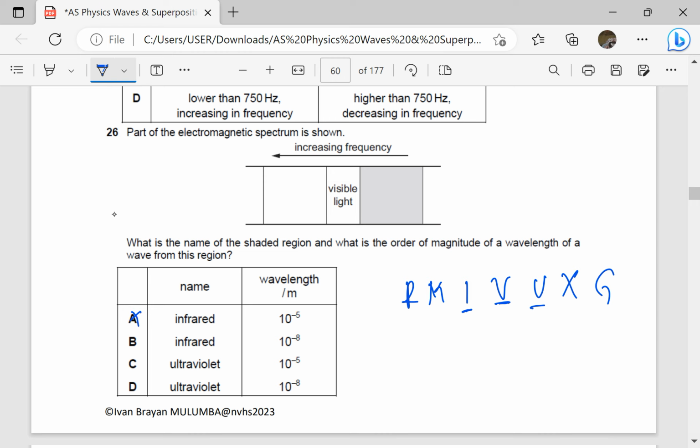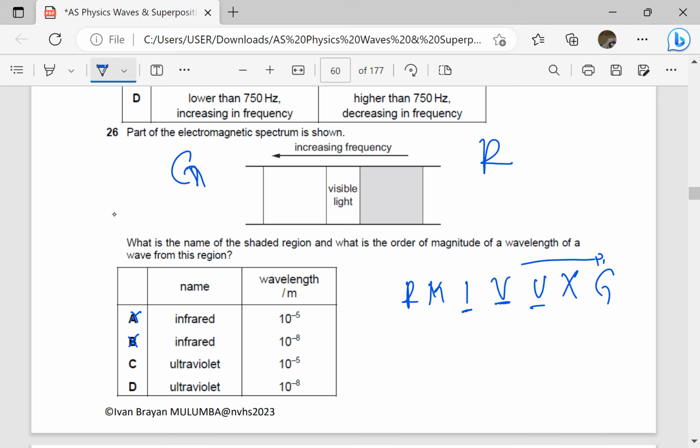So we ignore A and B. Oh, they said frequency is increasing this side, so it is turning towards gamma. So gamma is this side. Frequency is increasing towards this side, meaning gamma is this side, radio waves are this side.